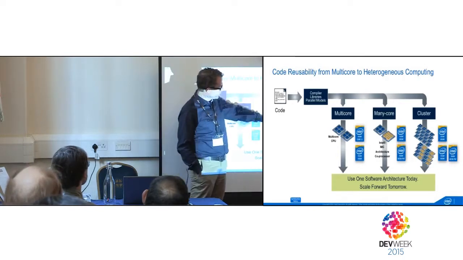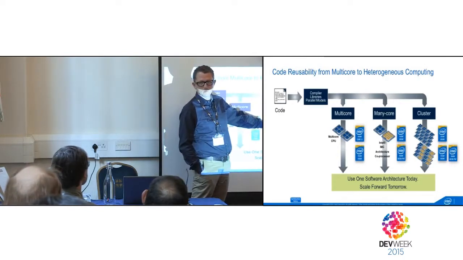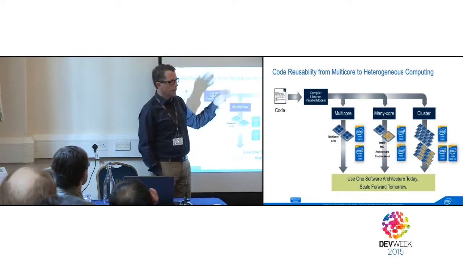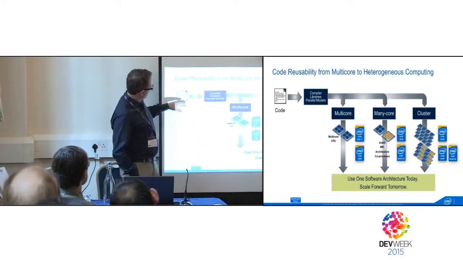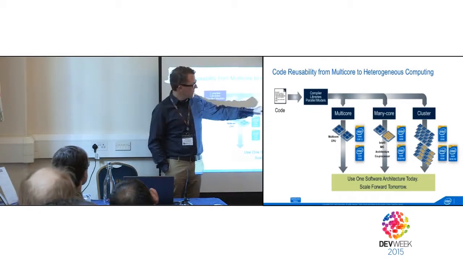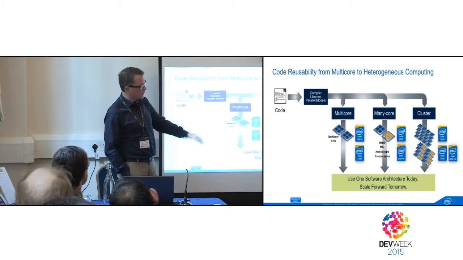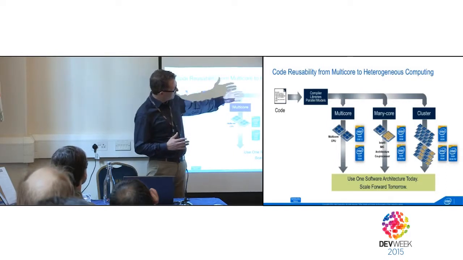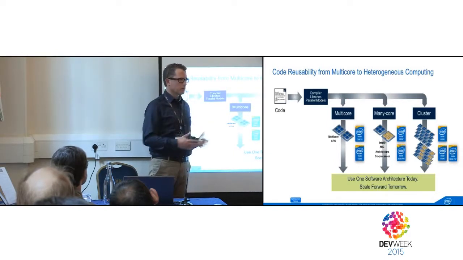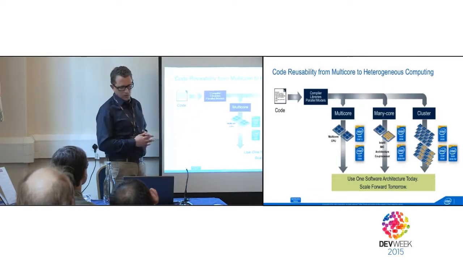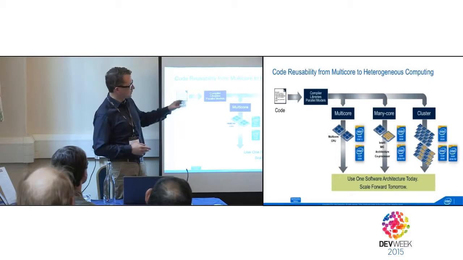It can be a many-core system with Xeon Phi, this coprocessor card I told you about, or a cluster, or a very complex system with many servers. Your C++ code should be able to run on all these systems. This is what we call scale forward. So if you're C++ developers, whatever system your customer or the end user is using, we want you to be able to run this code easily on all these systems.